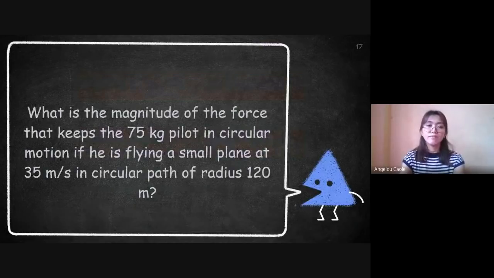So example, what is the magnitude of the force that keeps the 75 kilograms pilot in circular motion if he is flying a small plane at 35 meters per second in a circular path of radius 120 meters? Okay, so take note of the given. We have 75 kilogram, that is mass.